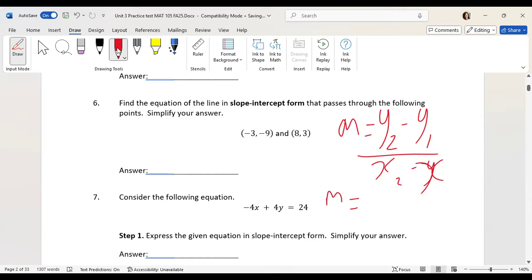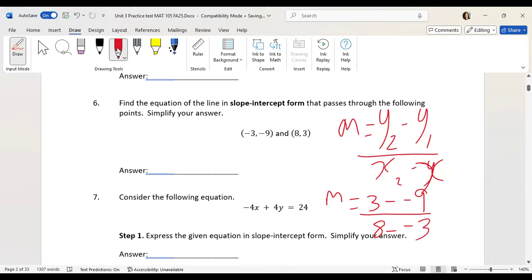So let's find the slope. y2 is 3, y1 is -9. So 3 minus -9, divided by x2 which is 8, minus x1 which is -3.